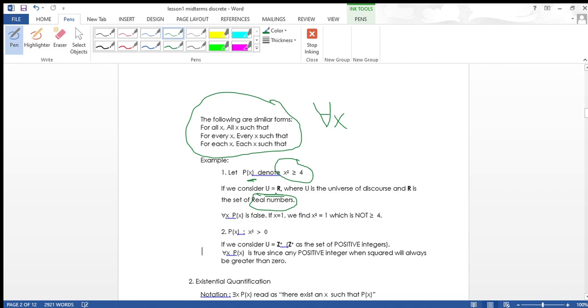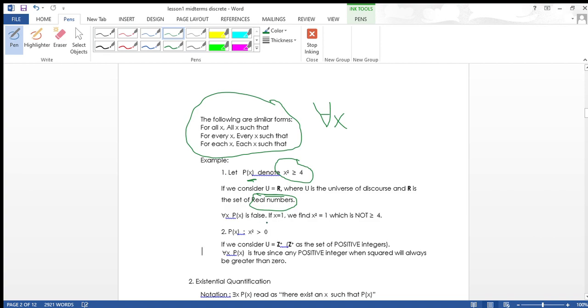So in other words, we are looking at the universe of discourse as the set of real numbers. So if we can just find one real number that will not satisfy this inequality, then the entire proposition will be false. So that is what we call a counterexample. We need to find a counterexample.